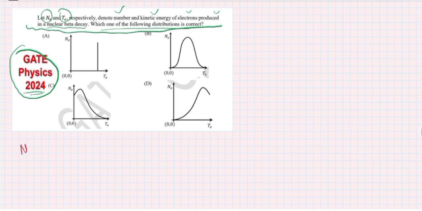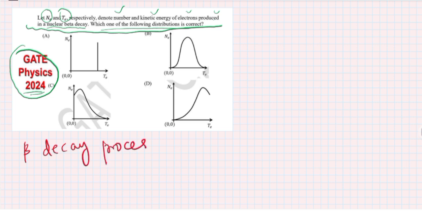Ne is the number of electrons released in the beta decay process.